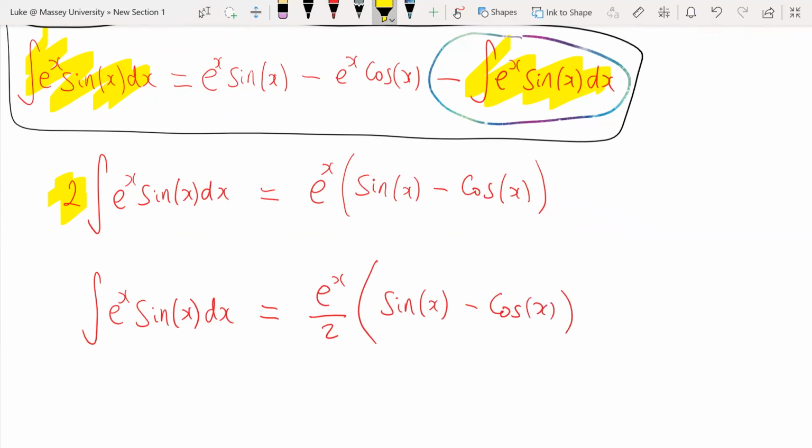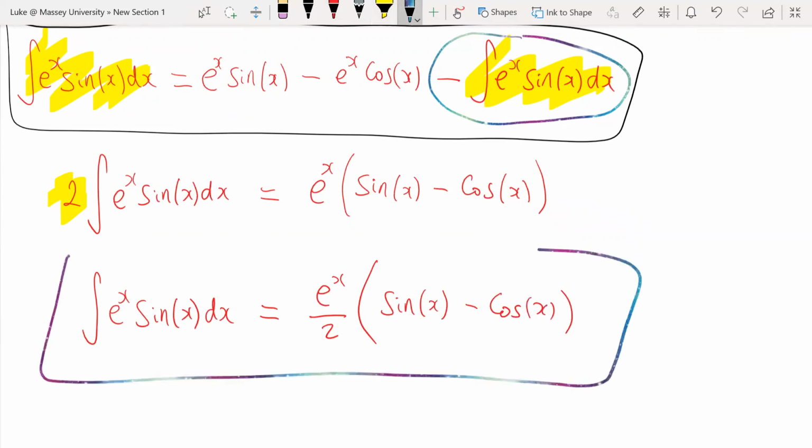So, in fact, I have now completely solved this problem, because now I have an expression for the integral of e to the x multiplied by sine of x, which is written on the right-hand side completely in terms of known functions, right?